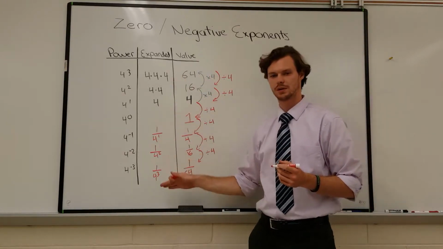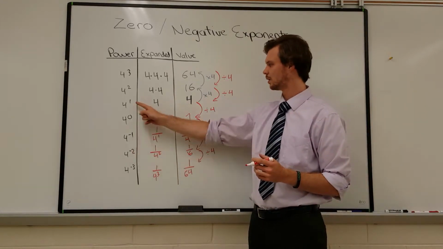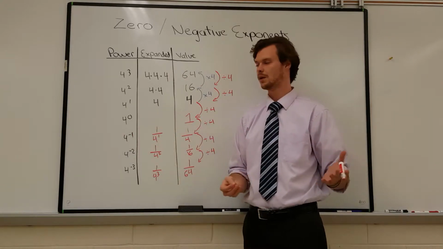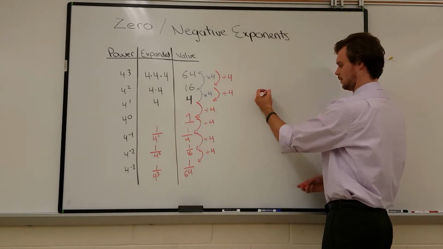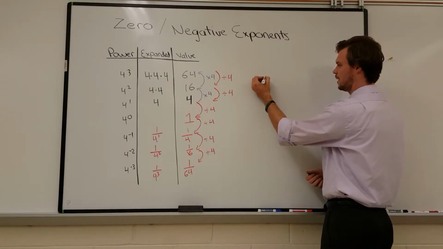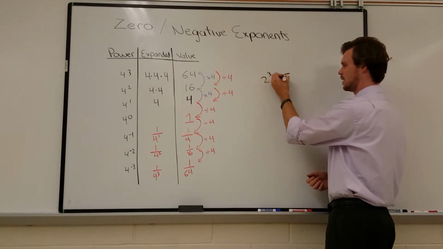So what we should notice here in this table is that when we have a negative exponent, it's just the inverse of the positive exponent. So let's do another example. If I have 2 to the third, that equals 8.